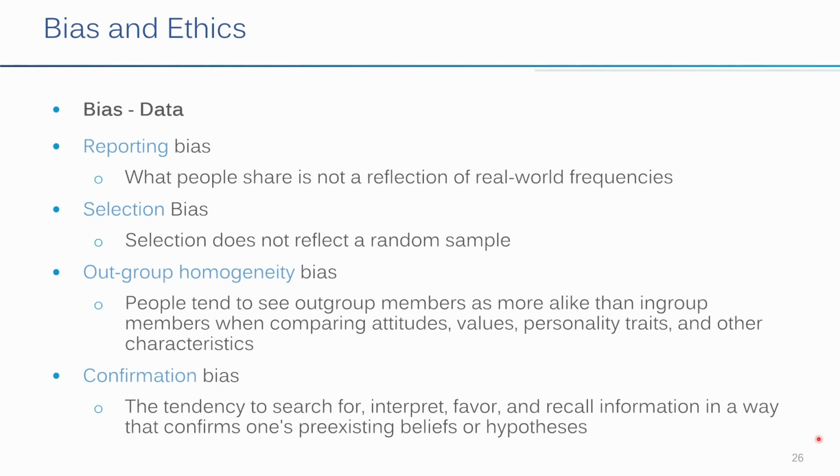In selection bias, depending on which dataset you might have, you might be cherry picking the data that will compose your model, and that might actually not reflect a random sample. Out-group homogeneity is the way that when we're outside a subgroup, we might see people or certain aspects from another group with less detail.